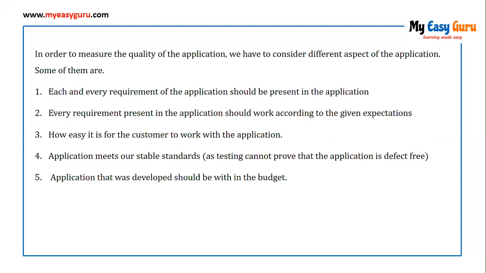How easy is it for the customer to work on the application? The application meets our stable standards, as testing cannot prove that the application is defect free. The application should be developed within the budget. So these are a few of the things which you should keep in mind while measuring the quality of the application.